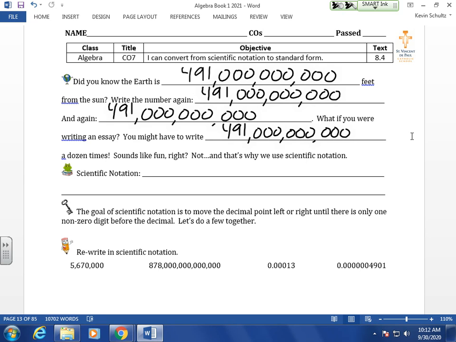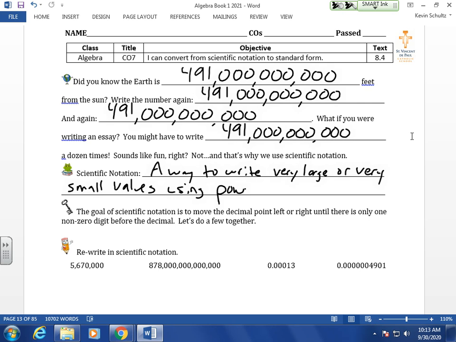Okay, so scientific notation is a way to write very large or very small values, and here's the key, using powers of 10. Because what happens to a number whenever you multiply it by 10?